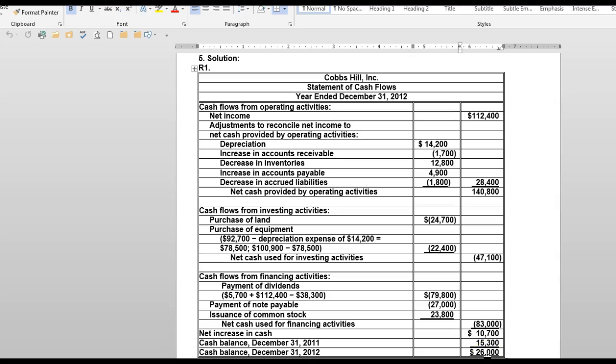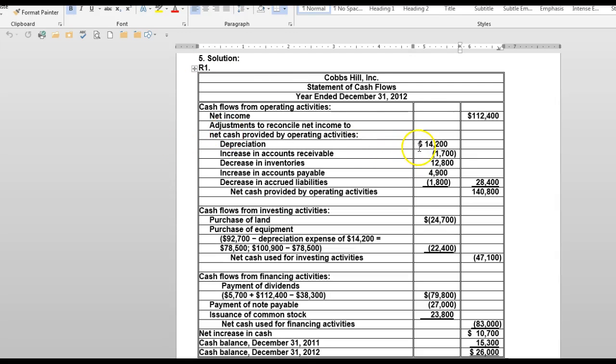When you get this all done, the net increase in cash should be able to be calculated down through with all of these changes. So let's kind of begin. First, you have your net income, which was on the income statement. It gave it to you: $1,012,400. So that's our benchmark.